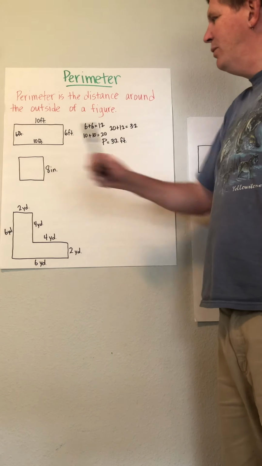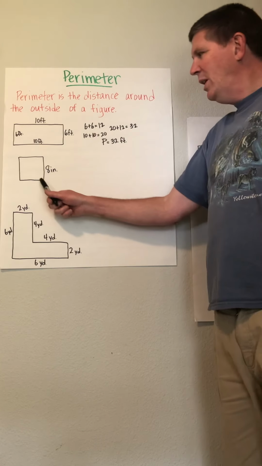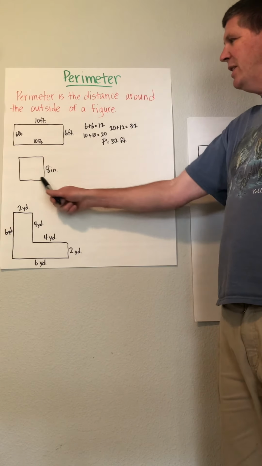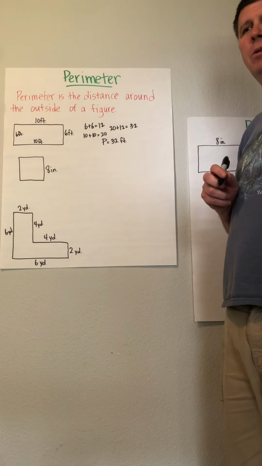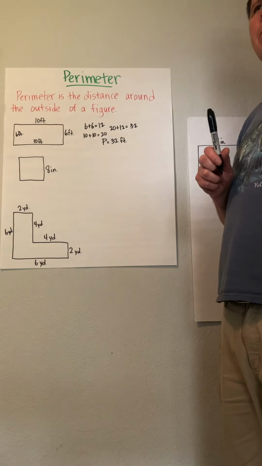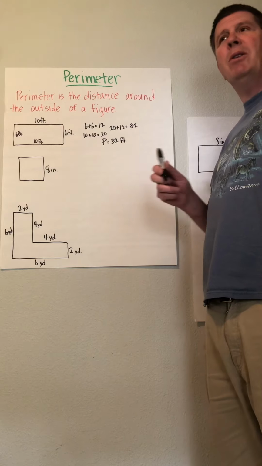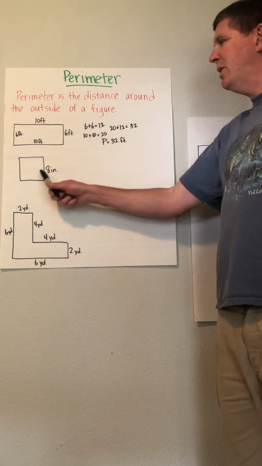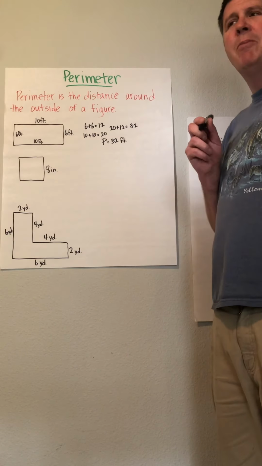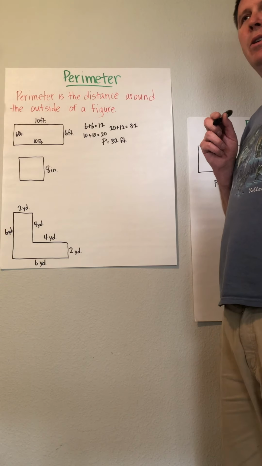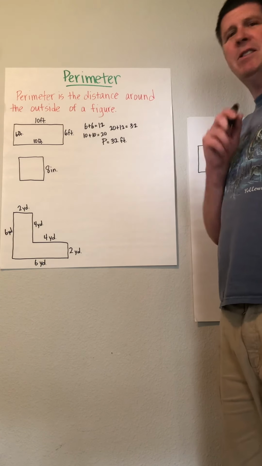Okay, let's move on to this. Now, what shape is this quadrilateral? Aubrey. This is a square. So what do you know about squares that could help us figure out the perimeter of this square? Kai? Yes, that's right.